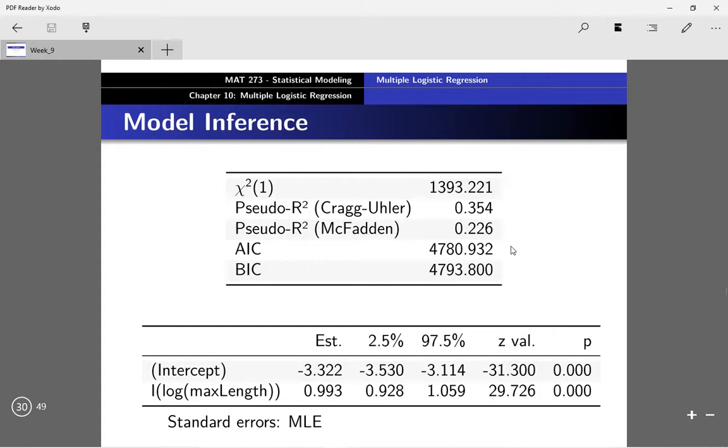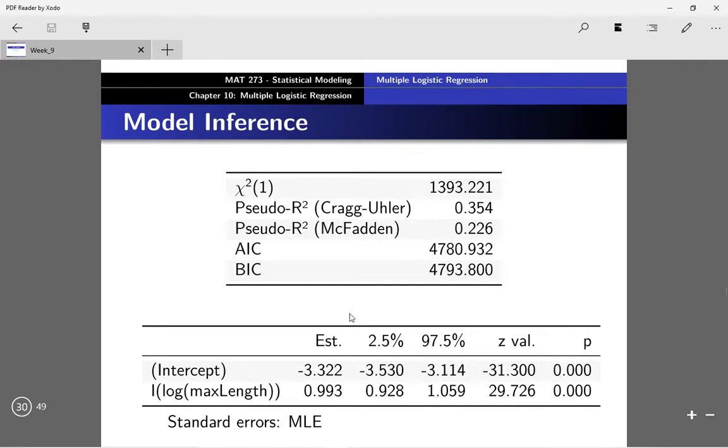So for example, maybe the longest all caps word was hello, in which case there'd be 1, 2, 3, 4, 5. Max length would be 5 because hello has 5 characters, if that was all caps.